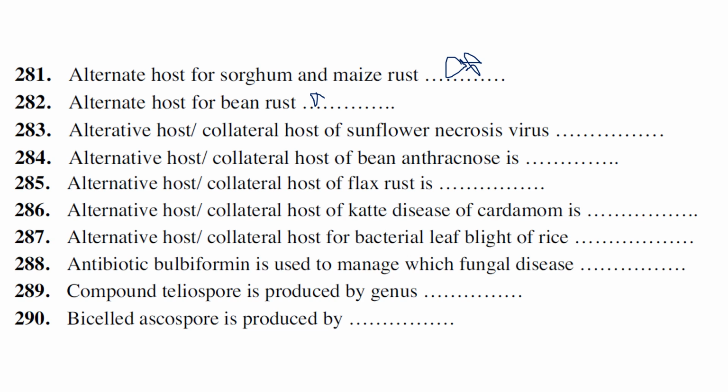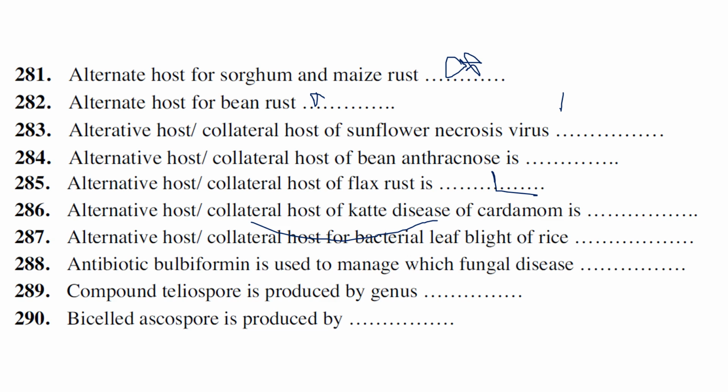Alternate host for bean rust is Trigonella polycerata, and the collateral host for sunflower necrosis is generally Parthenium, I think. Then collateral host for bean anthracnose, again the same Trigonella polycerata. Alternate or collateral host for flax rust, this is important, Linum mysorensis. The next one is the alternate or collateral host for katte disease of cardamom.